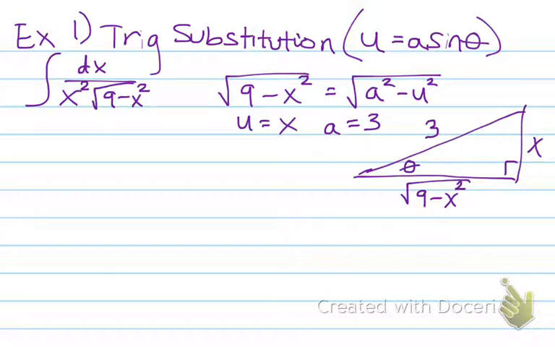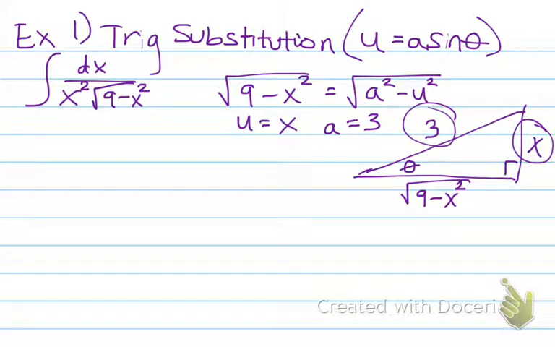So I know that I have a couple trigonometric ratios that I can pull from this triangle. So I'm looking at x, all right? If I'm looking at x here, and if I'm looking at this 3 here. Now the reason I chose 3 and not this square root of 9 minus x squared is because I want it to be simpler, and I think adding in the square root of 9 minus x squared piece will make it more difficult.